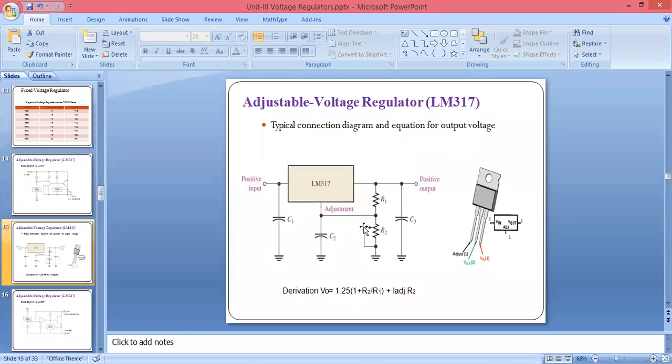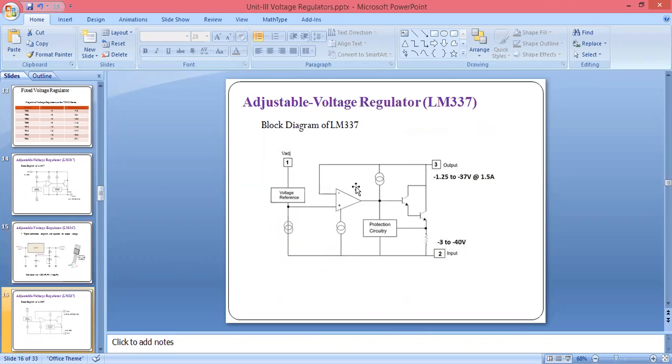This is the circuit diagram for a regulated power supply using the LM317, because here we are regulating, and at the output we get a variable range. Here we are using a voltage divider at the output, and the value of resistance R2 is variable, we can change that value.